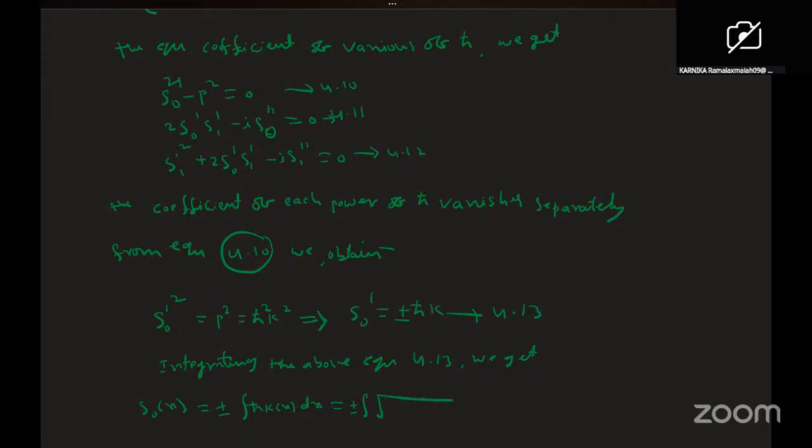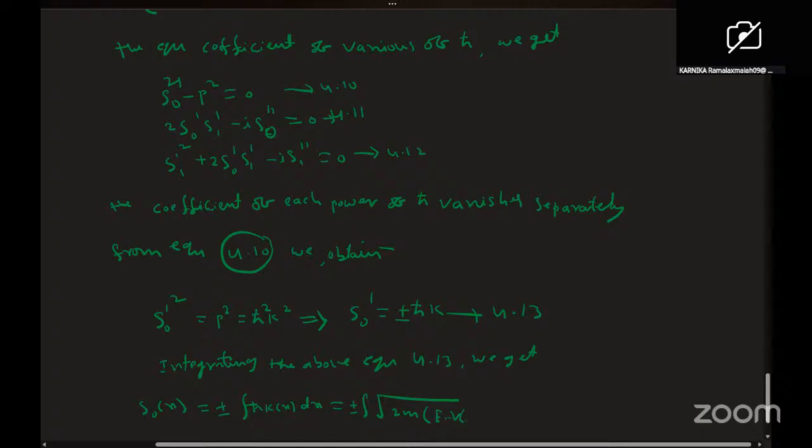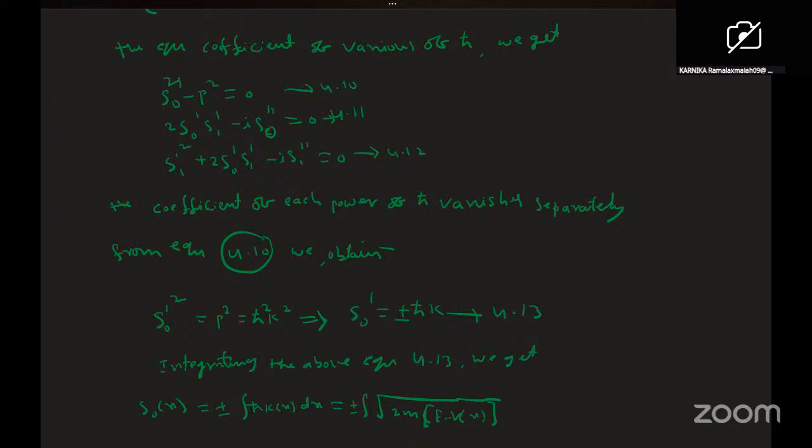integral of under root 2m into E minus V of x dx, is equal to plus or minus integral of p of x dx.